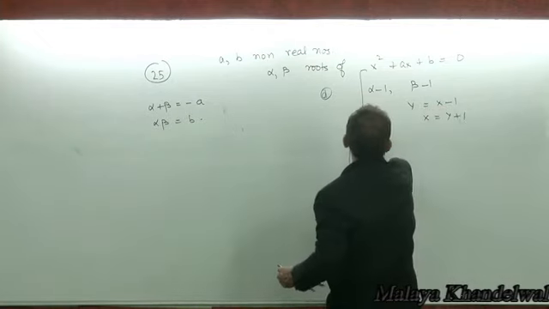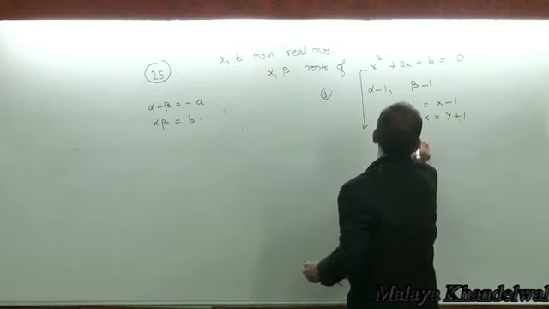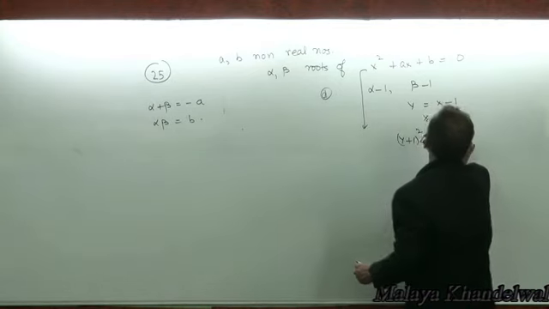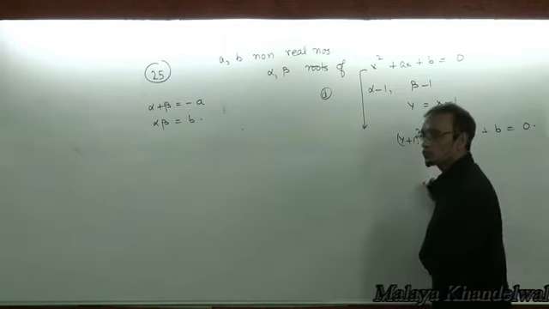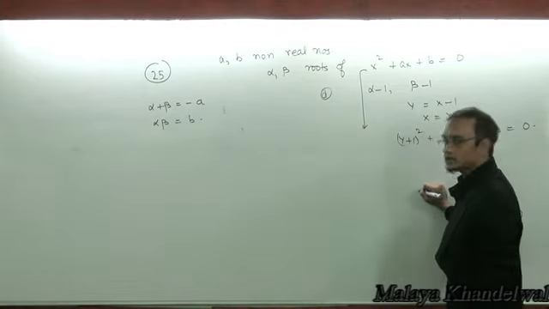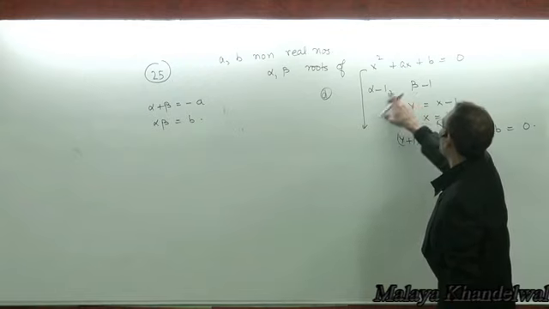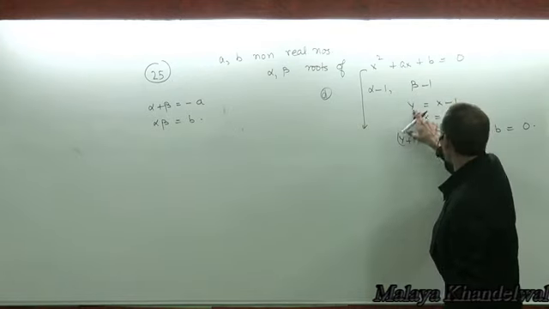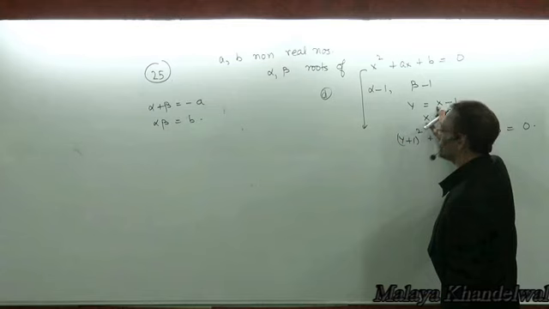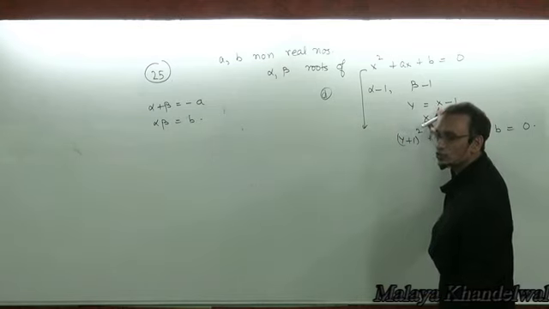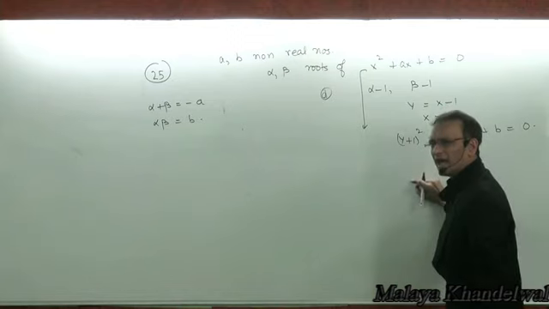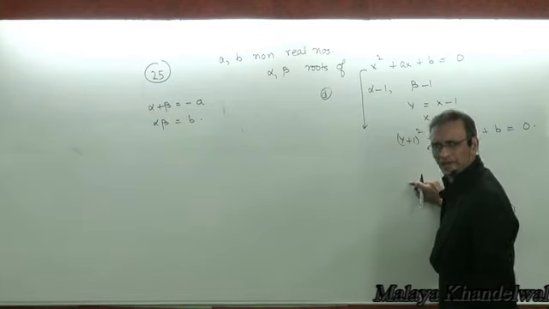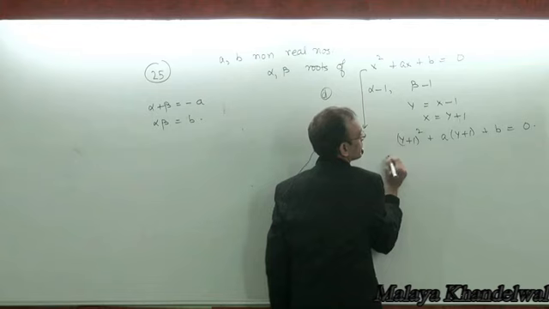Right, so in this equation, x square, which is y plus 1 whole square, plus a into y plus 1 plus b equal to 0. It's a quadratic whose roots will be alpha minus 1 and beta minus 1 would be the y's. For x equal to alpha, y would be alpha minus 1. For x equal to beta, y would be beta minus 1. So the roots of this quadratic would be alpha minus 1 comma beta minus 1, right? And which you can of course now simplify.